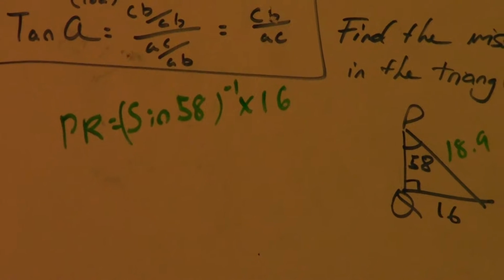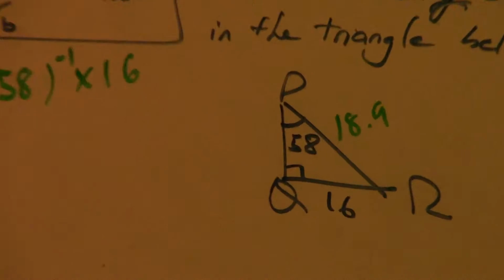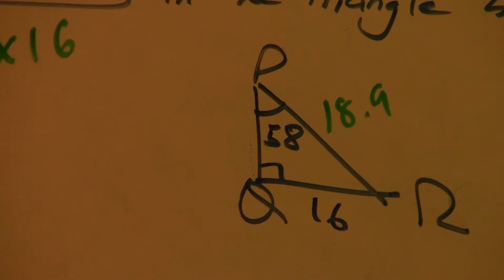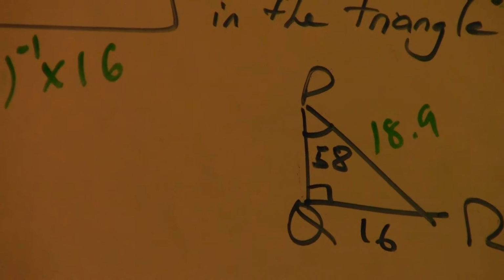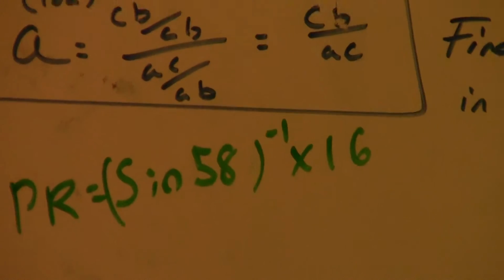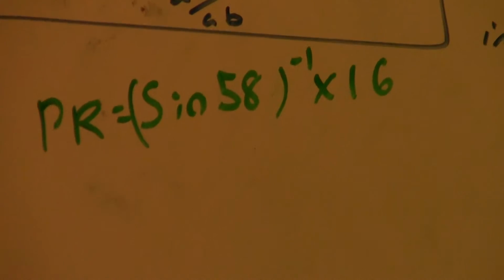Because sinus 58 equals 16 divided by 18.9. And it's QR divided by PR. Okay. So, yeah.